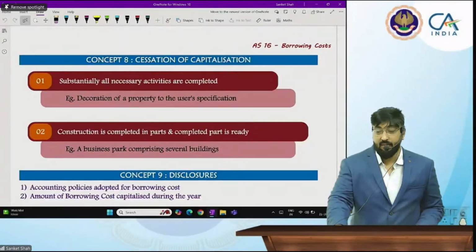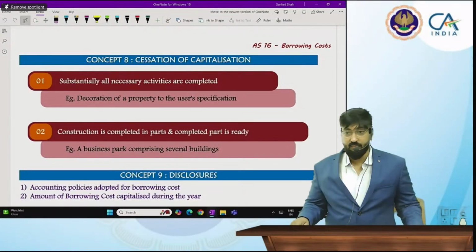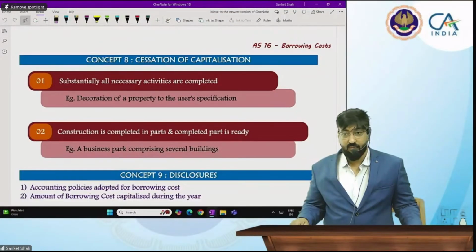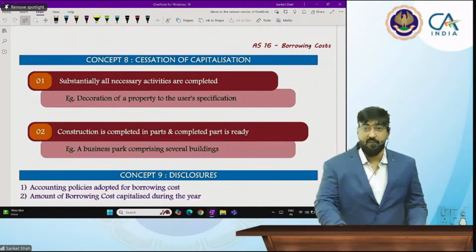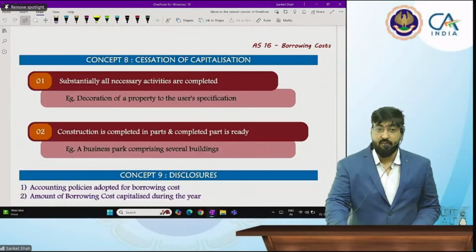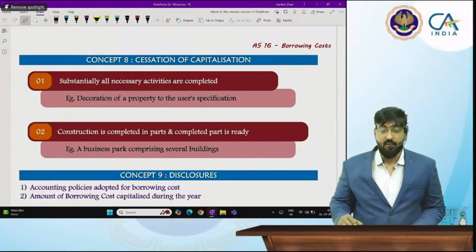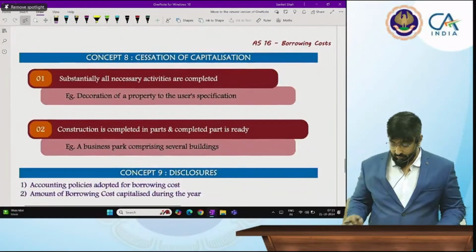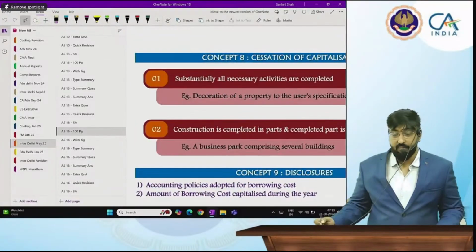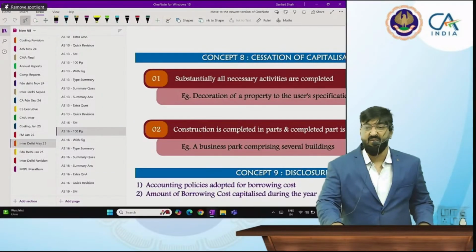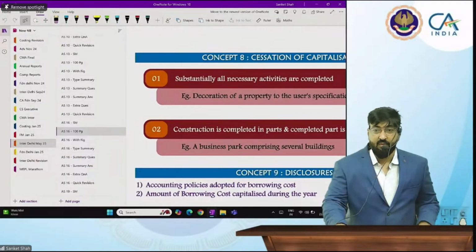Yes, beta Sampada, unmute yourself. संपदा जी, यस सर। किधर हो आप? हेलो सर। हाँ जी, कहाँ से हो? सर मैं घर में हूँ सर। यहाँ पे बारिश हो रही है। No, yes sir.